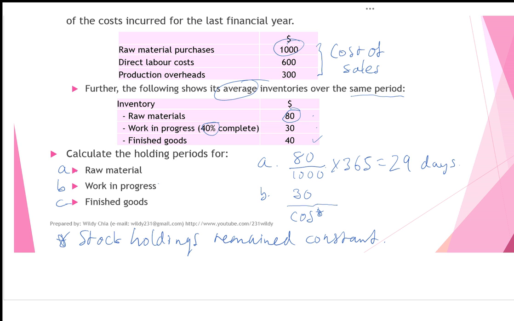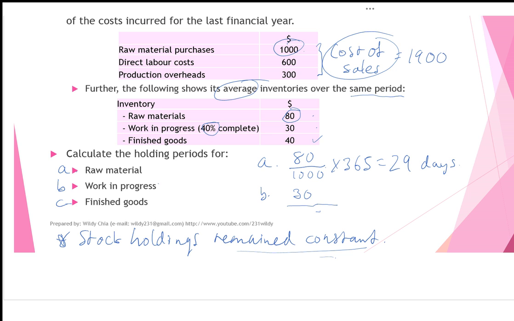Such statements confirm to you that the closing and opening stocks are actually equal, because if they are different, then that will affect how we calculate the cost of sales. If you want to know more details about why, you can drop me a mail, but otherwise, when you see such an assumption in the exam question, you will know immediately that the cost of sales is simply 1000 plus 600 plus 300, which gives you 1009.